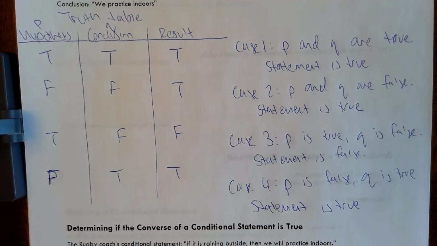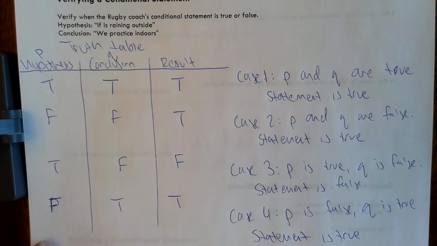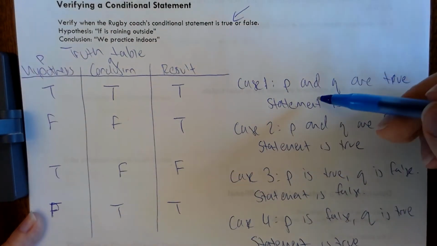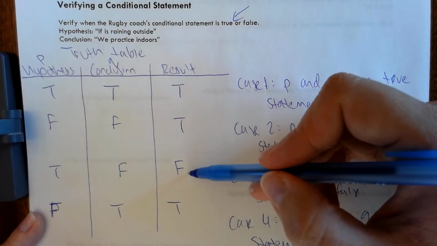So here's my truth table. Gorgeous. Great. Let's actually answer the question. I'm going to go to the top of my page for it just because I ran out of space. Verify when this is true or false. Well, the statement was true 3 times and only false once.